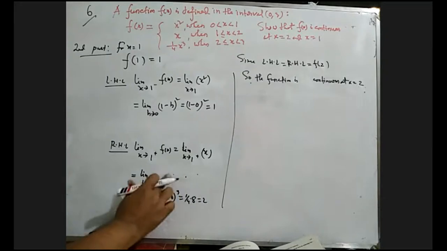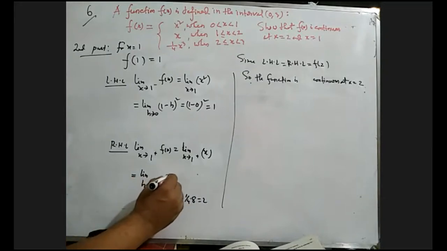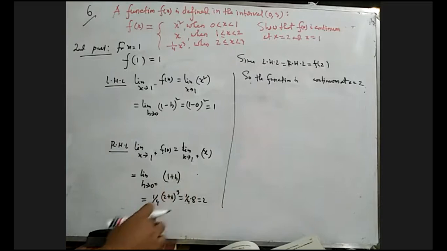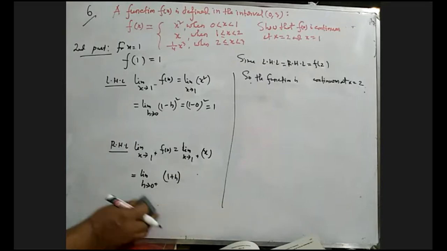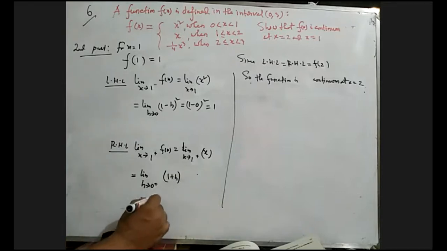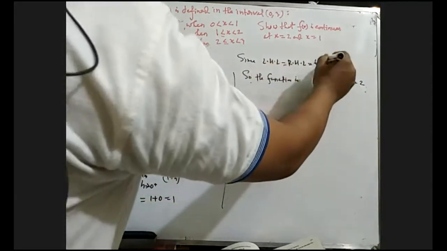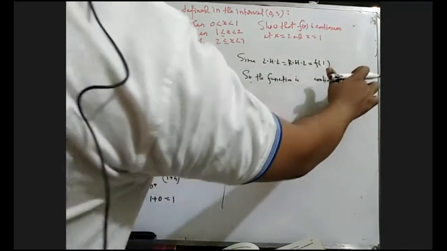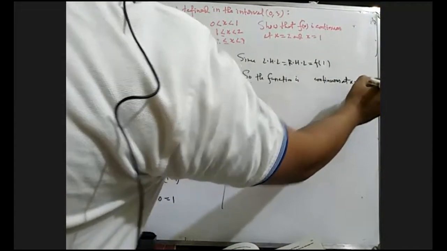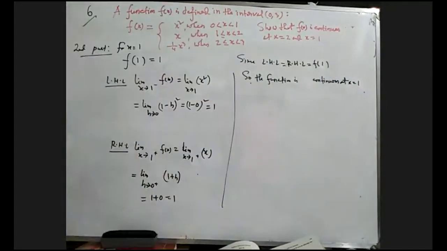Now using the h definition, 1 plus h. So the value will be just putting h equals to 0. That means left hand limit equals right hand limit equals functional value. Therefore the function is continuous at x equals 1. Very easy.